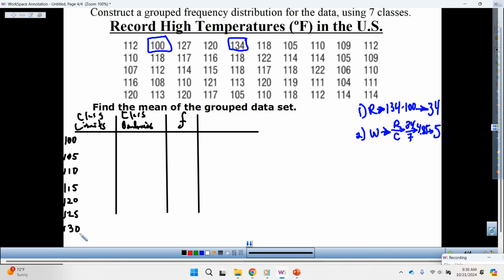Let's go to the upper limit. 104, 109, 114, 119, 124, 129, 134.